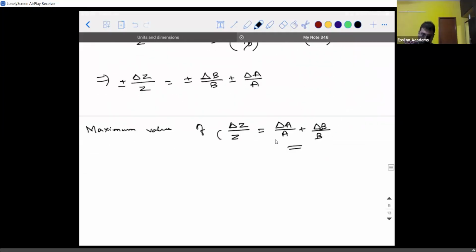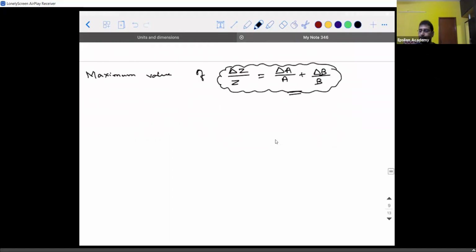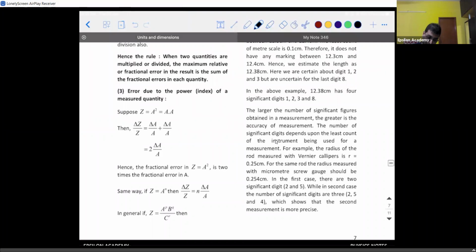So one important conclusion that we can draw from this scenario is that whenever you have product or division of two physical quantities, then the relative errors get added. Okay. So keeping all these things in mind, the last combination is error due to power of a measured quantity.